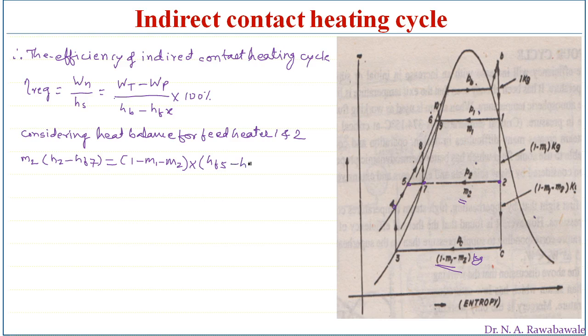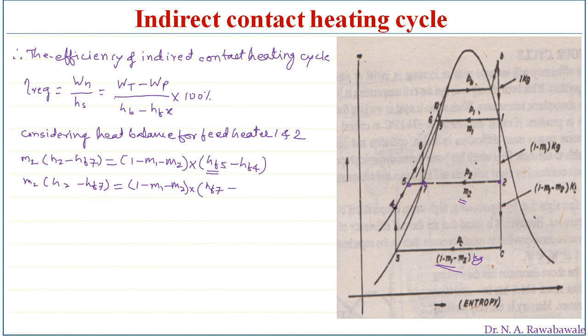So here we write 1 minus M1 minus M2 kg of condensate utilizes its heat to increase enthalpy from 0.4 to 5. We write this as HF5 minus HF4. So M2 as it is, H2 as it is, HF7 as it is, equal to 1 minus M1 minus M2 into, in place of HF5, HF5 is very close to 7, so we write this as HF7, and minus H4.